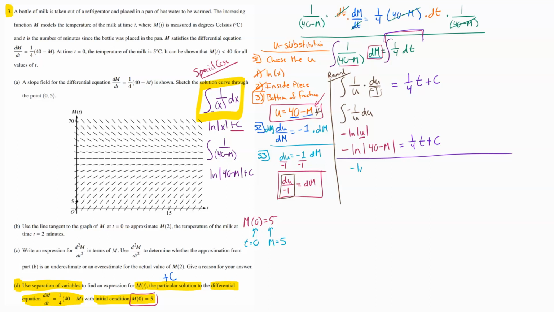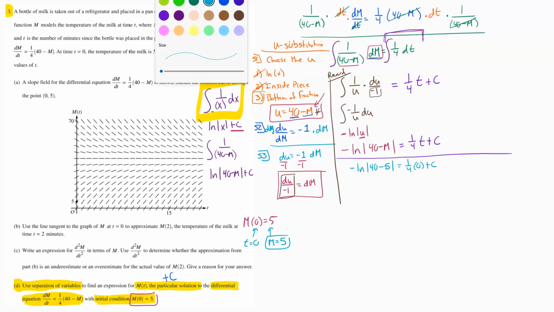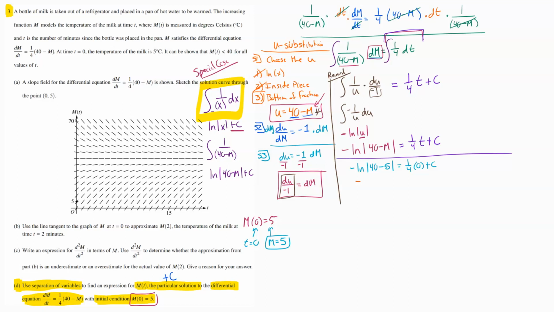We get negative natural log, the absolute value of 40 minus plugging in 5 for m now, is equal to 1/4 plugging in 0 for t plus c. Doing that algebra real fast, we end up with the negative natural log of the absolute value of 35 equals, that stuff zeroes out, and that all equals c.